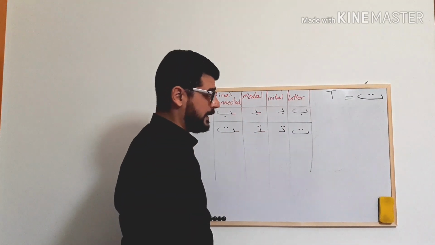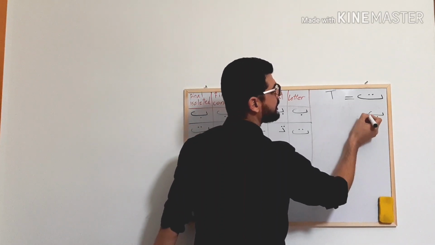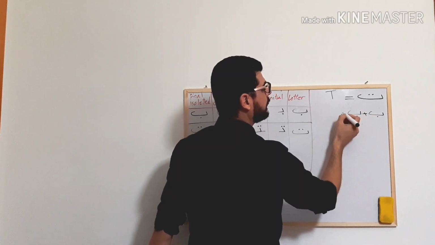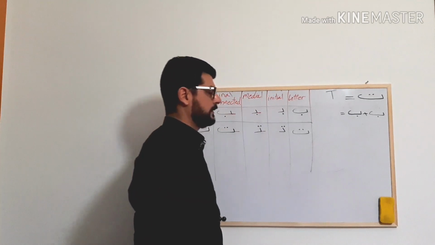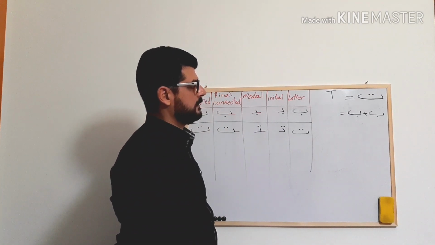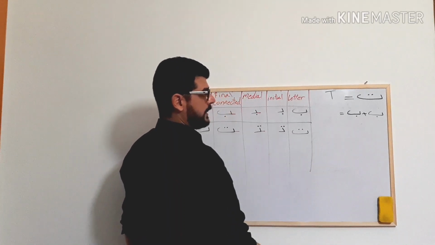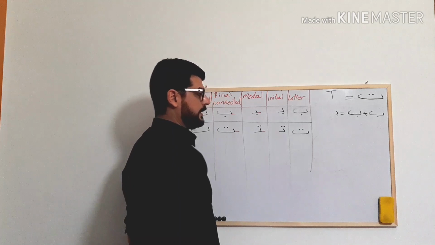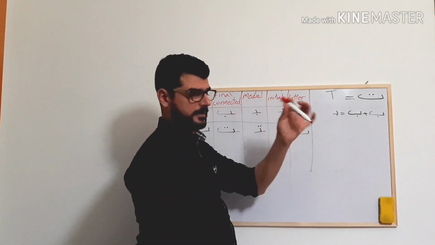So if we have a word composed of B plus B, two letters, the result will be Ba in the beginning connected to final B. Now I will not use the red color.